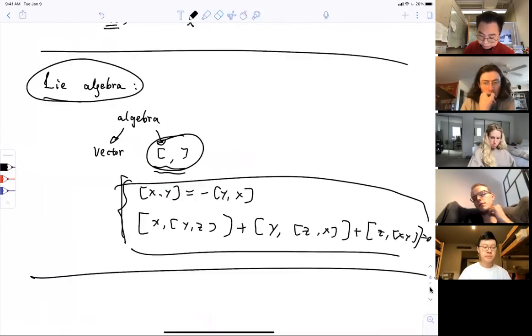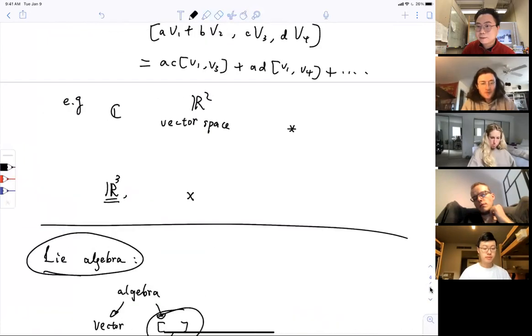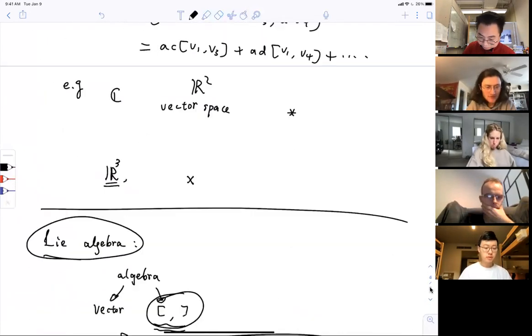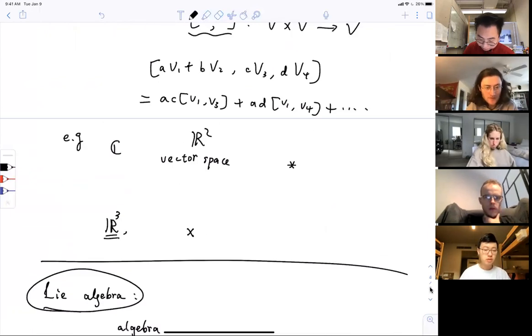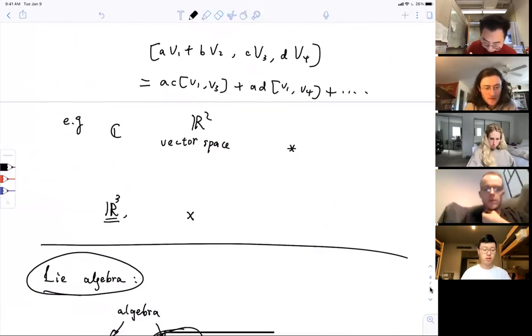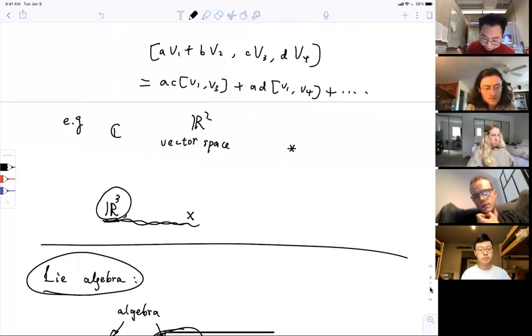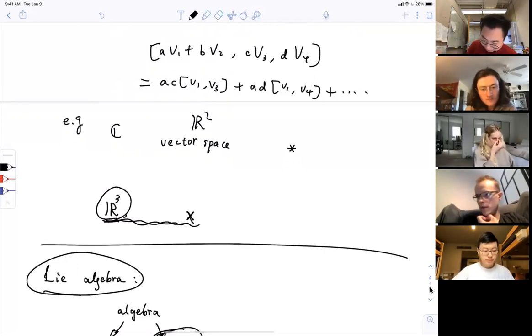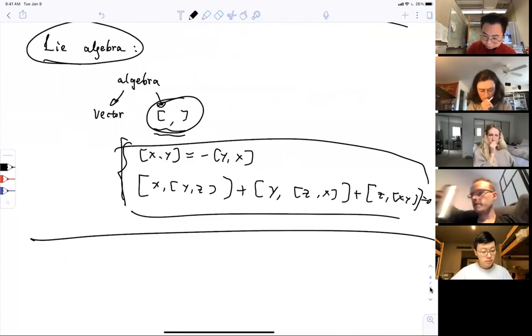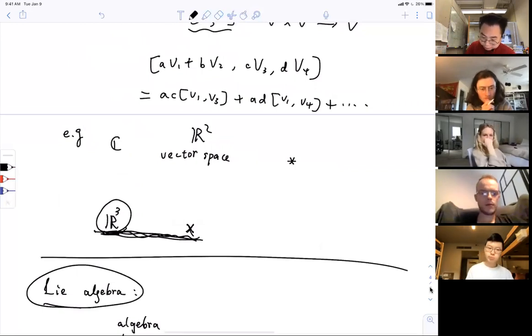Okay, thanks. Could you explain one more time the bilinear operation, like the specific examples that you went over for the different vector spaces? Okay, sure. For example, the vector space is R3, just real space, and the bilinear operation is the cross product. In this case, it forms an algebra, and it's easy to verify.